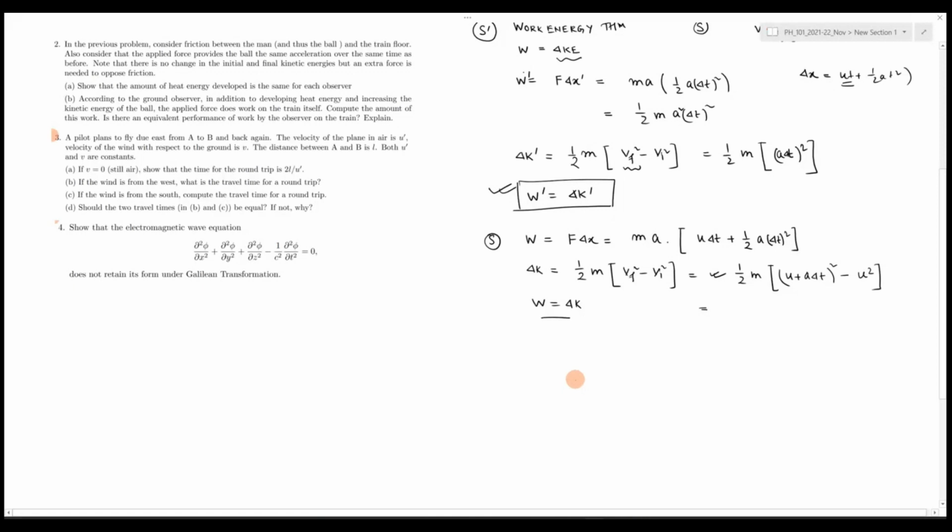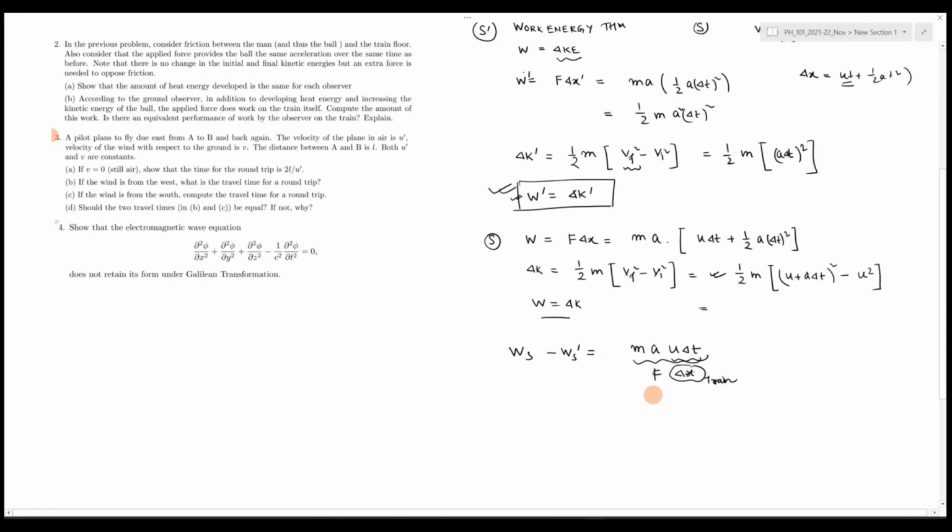Okay. Now if you subtract the work done observed from S and the work done observed from S prime, you will find it comes to be equal to m a u delta t, right? Which is nothing but F times the displacement of the train, where ma is the force.